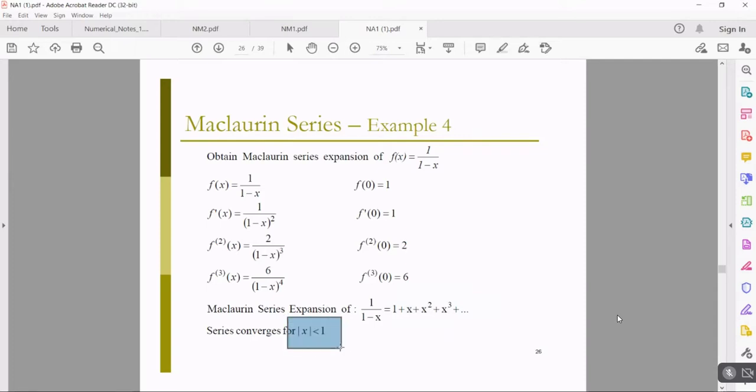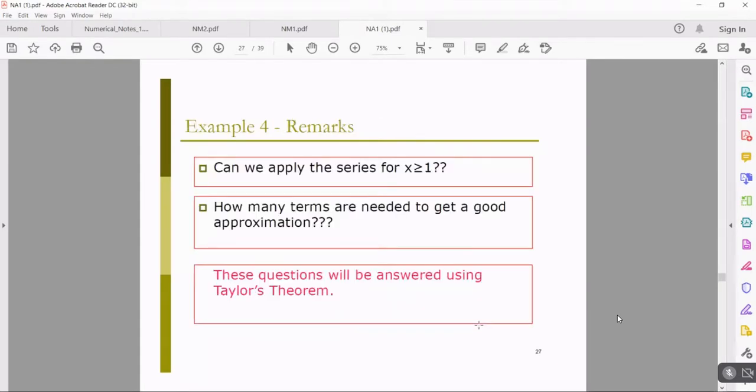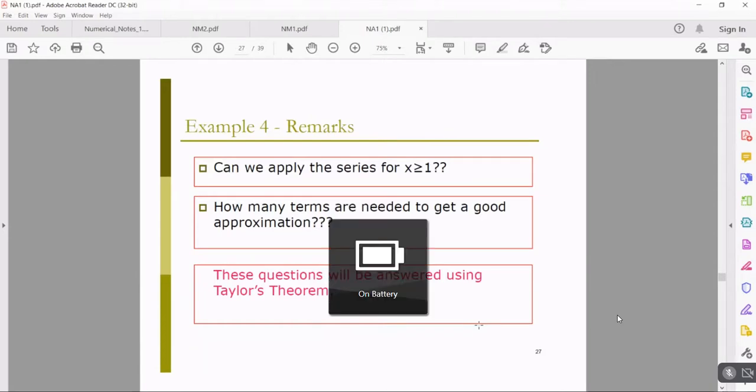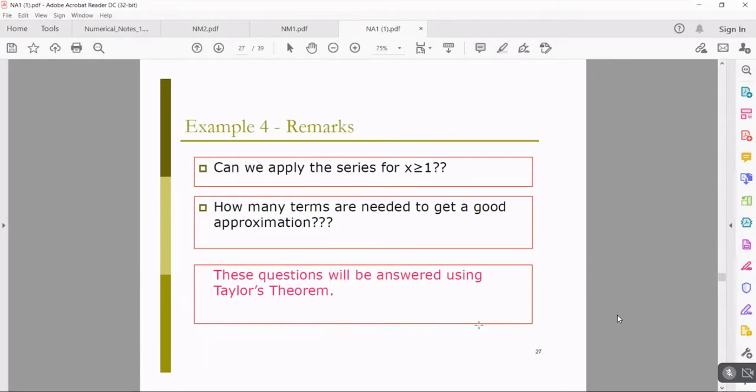So if your x lies in this domain from -1 to +1, then only you can use this as an approximation of 1 upon 1 minus x. We'll see how we check these. Can we apply the series for x greater than or equal to 1, and how many terms are needed to get a good approximation? This we will see in Taylor's theorem.